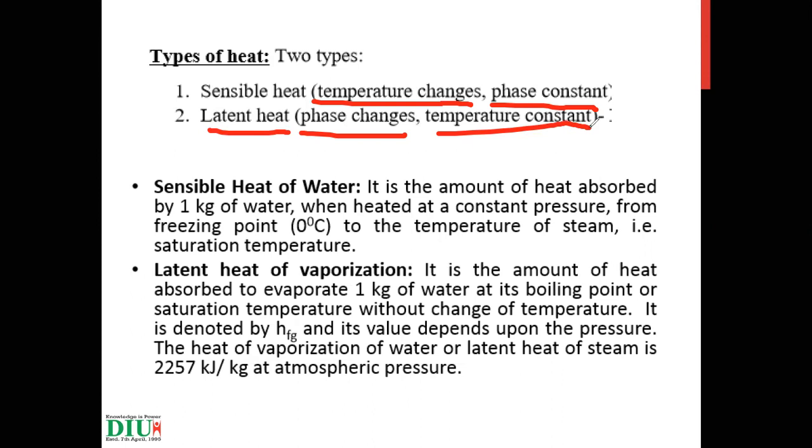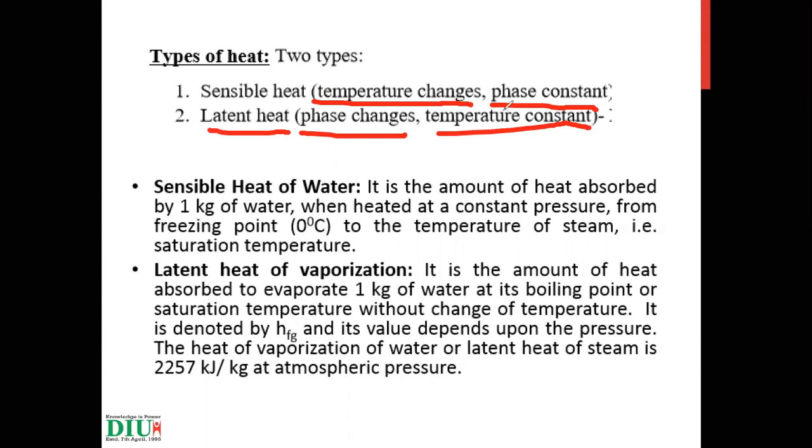How? When 0 degrees Celsius ice starts to take heat, it first becomes 0 degrees Celsius water. So the temperature is 0 to 0, but you can see the solid has become liquid. That means the phase of the material has changed.